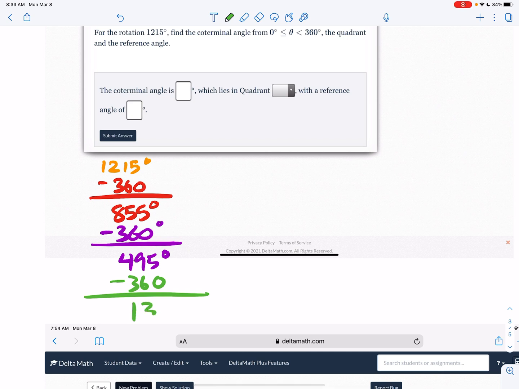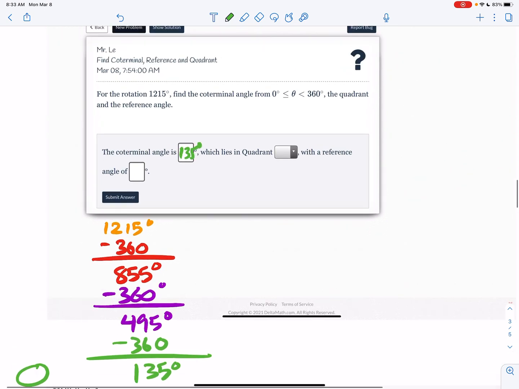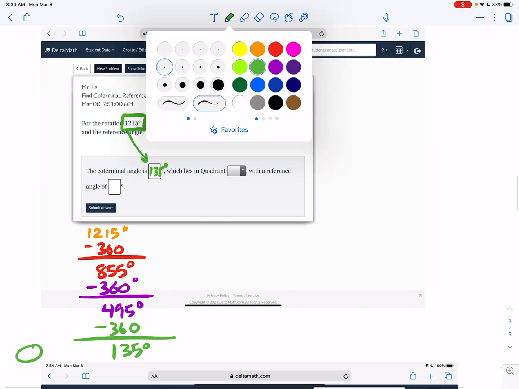And this is 135 degrees, which is definitely somewhere in between 0 and 360. So we're good. Our coterminal angle is 135 degrees. 1,215 degrees ends up in the same spot as 135 degrees. 135 degrees is where?